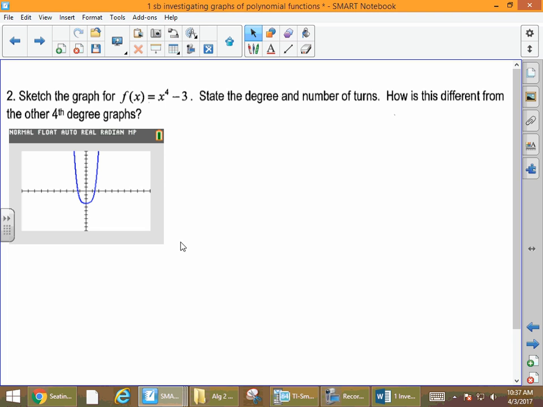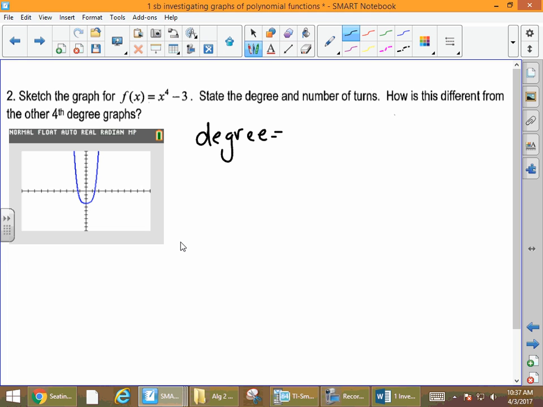What's the degree of this function? Some of you could hold it up on your fingers and tell me that it's 4. How many terms do we have here? 4.